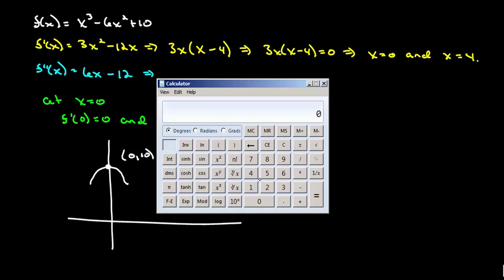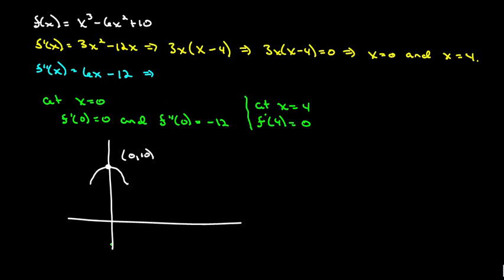We know at 4, we are 4 raised to the third, minus 6 times 16 plus 10. So it's negative. We're down here at negative 22 when we're out here at an x-value of 4. So there's our point.